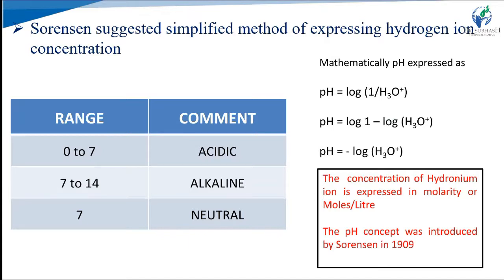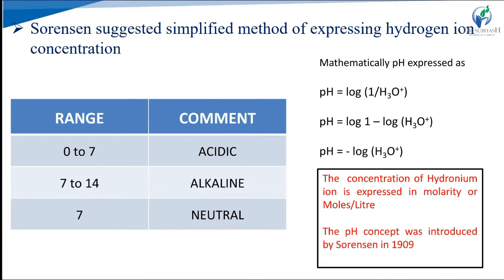So a solution having pH below 7, that is 0 to 7, exhibits acidic properties, and solutions having pH more than 7, between 7 and 14, exhibit basic or alkaline nature.